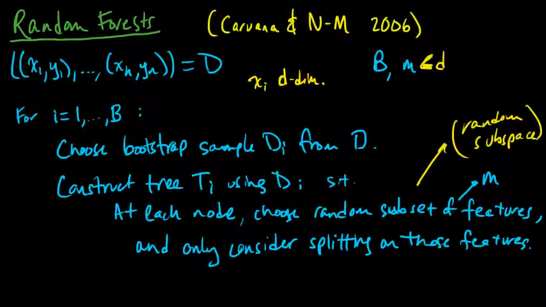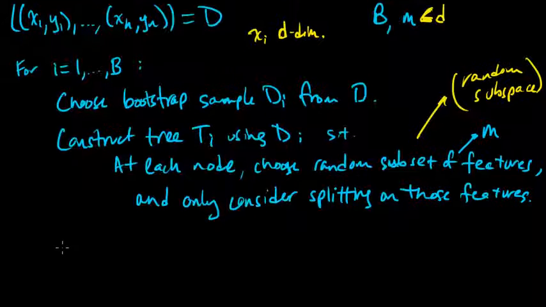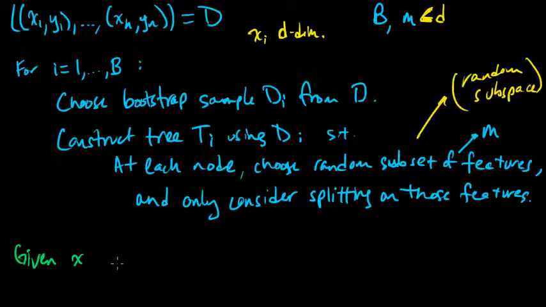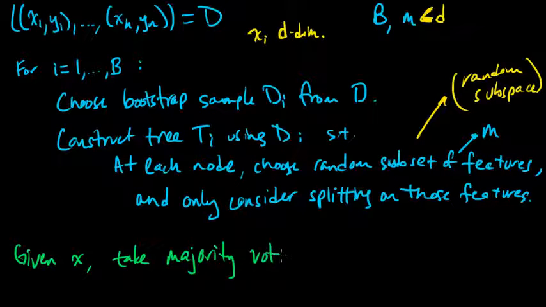At the end, we just do the usual aggregation. We've constructed all these trees, and for our aggregated predictor, given a new x to classify, we take a majority vote over these B trees, T1 through TB.